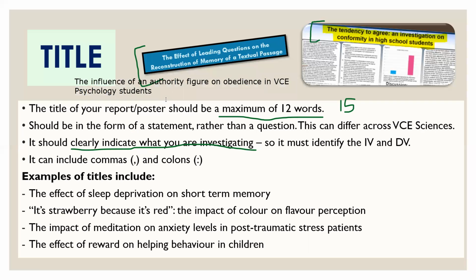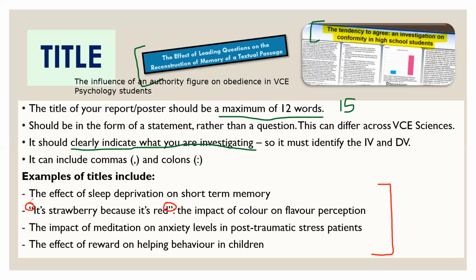These are some general examples of titles that you might come across relating to different studies. If I'm doing a study on the effect of sleep deprivation on short-term memory, that's my title: the effect of sleep deprivation on short-term memory. This double quotation mark, like I said, is used if somebody says something in a study and you want to quote that in your title.